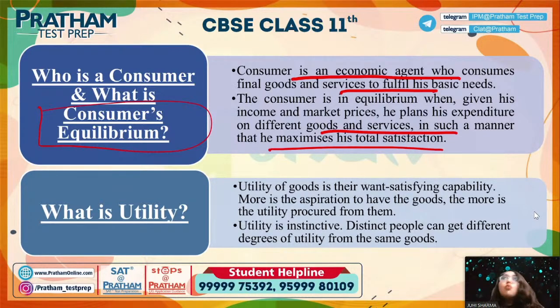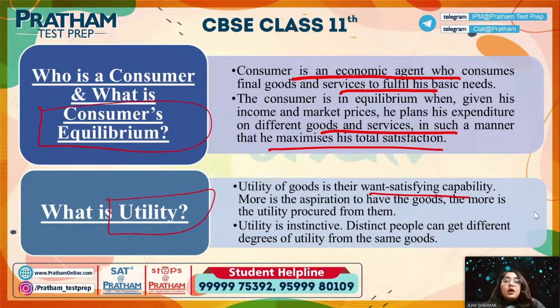Now we need to know that utility, or satisfaction, can be different for different people, right? So that is related to utility. What is utility? Utility is basically the want satisfying capability. Utility, let's say for an orange, may be different for you and for me. Utility for Uber or Ola is different for me than for you.